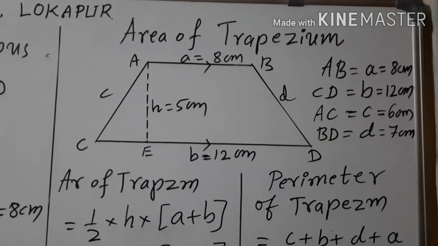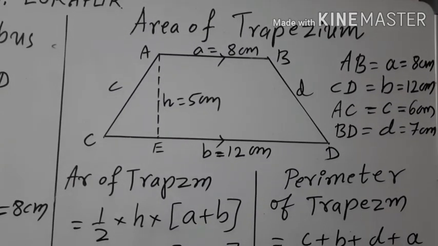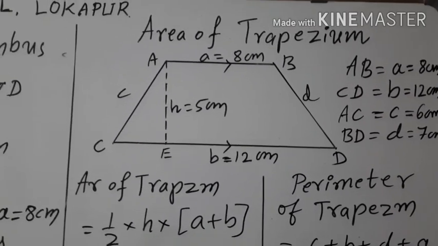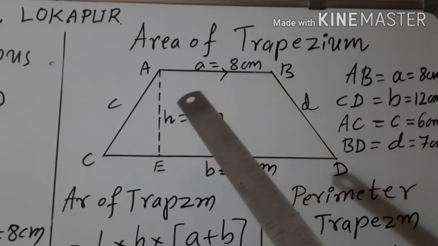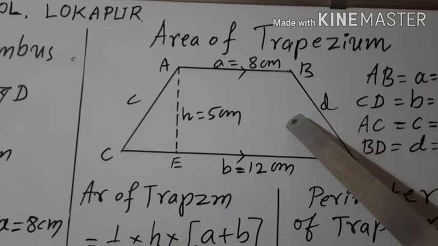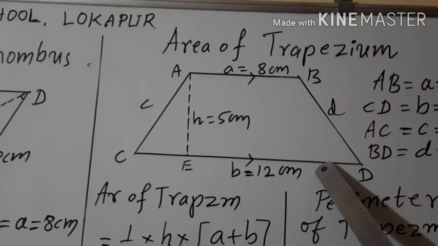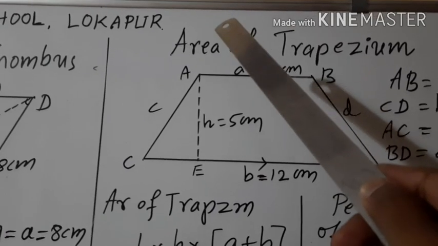Now, let us consider one more quadrilateral, that is trapezium. What is a trapezium? A trapezium is also a quadrilateral with four sides. Here, AB and CD make one pair of opposite sides.